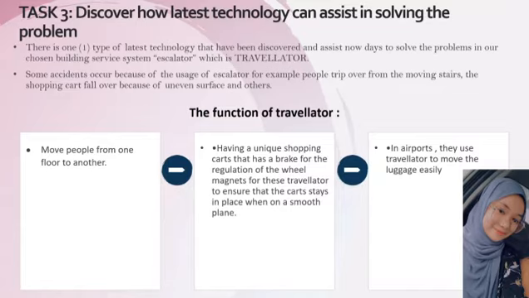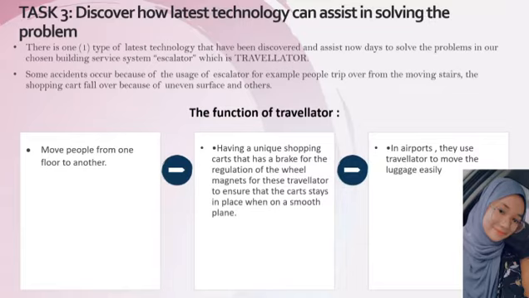The first one is it moves people from one floor to another. Because the travelator has an even surface, it will ensure user safety, so no more tripping over the moving stairs.